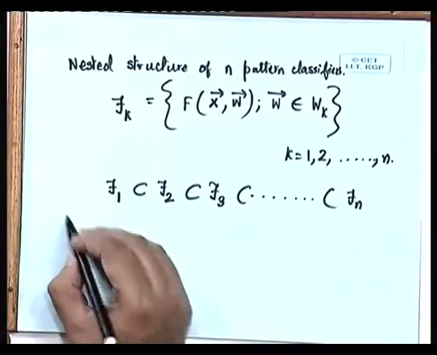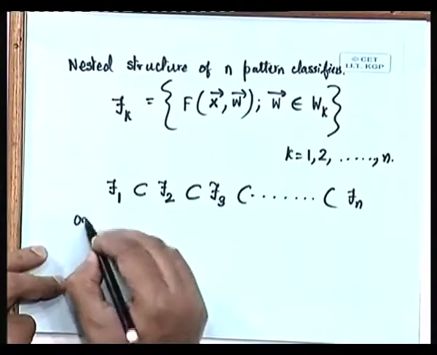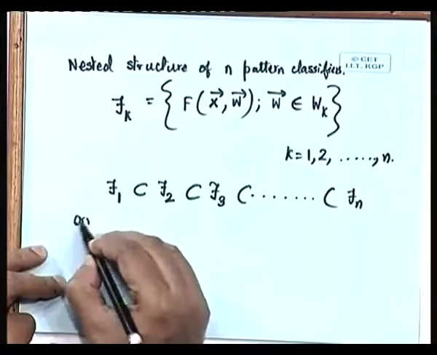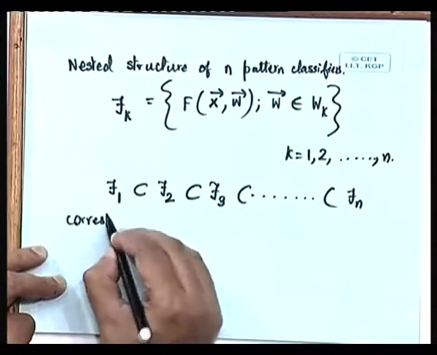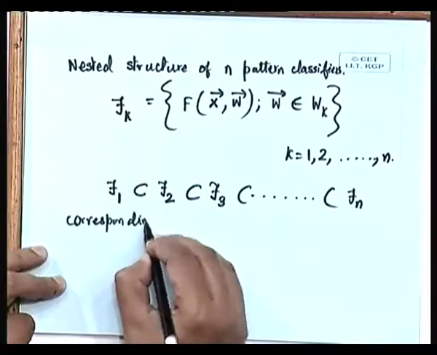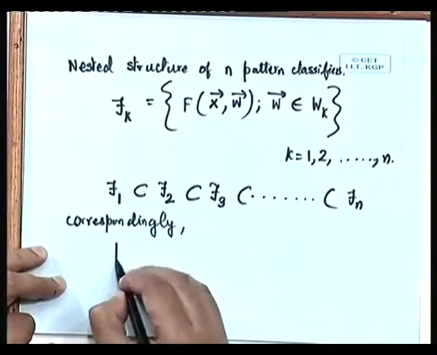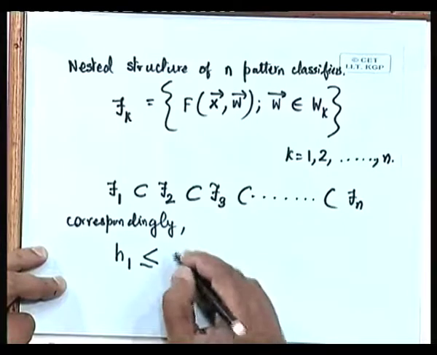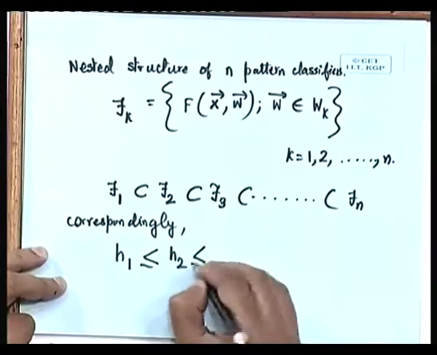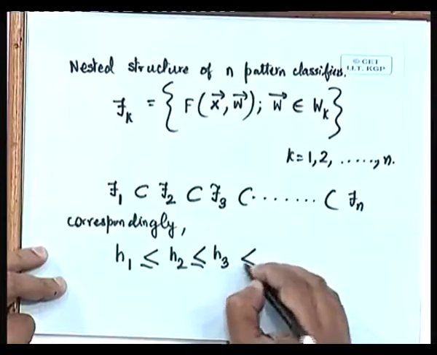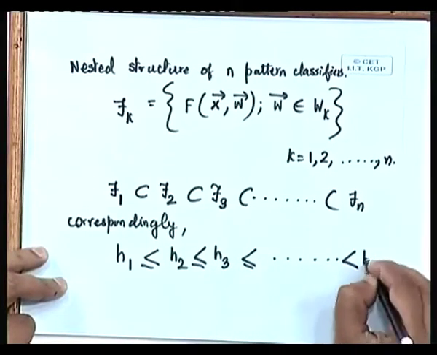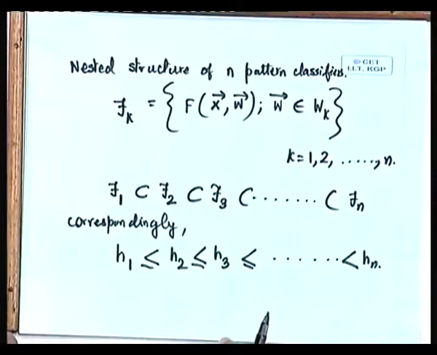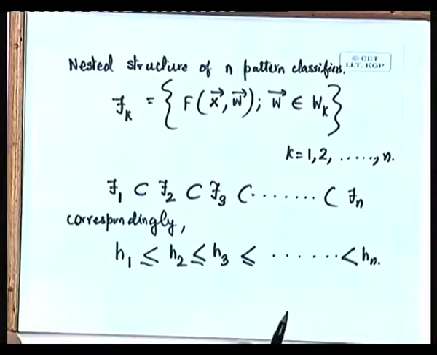And if we have this sort of nested pattern classifier, then correspondingly we must have H1 less than or equal to H2, less than or equal to H3, up to Hn. Now what is the methodology that we have to follow for structural risk minimization?